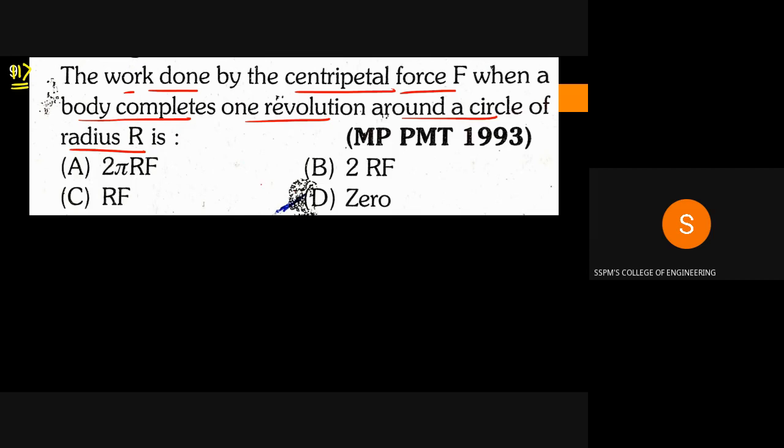Okay, so work done by the centripetal force is always 0, because in the circular motion force acts along the radius towards the center, and particle's velocity is perpendicular. Okay, so there is no displacement of the particle in the direction of the centripetal force, and therefore work done is 0. So work done in a circular motion is always 0. So correct option is option D.